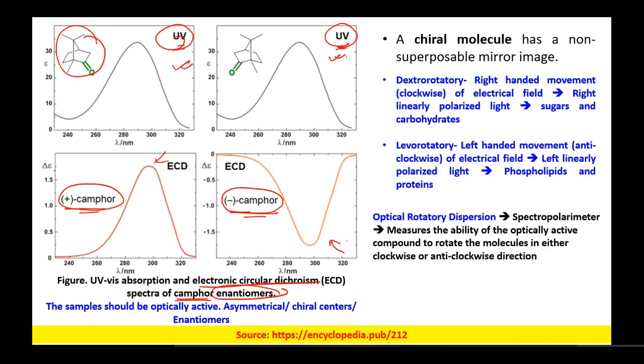Now, there is another important point to notice over here. Herein, we are talking about eta. What is eta? Can anyone tell me what is eta? We have already discussed it in the UV visible spectroscopy class.